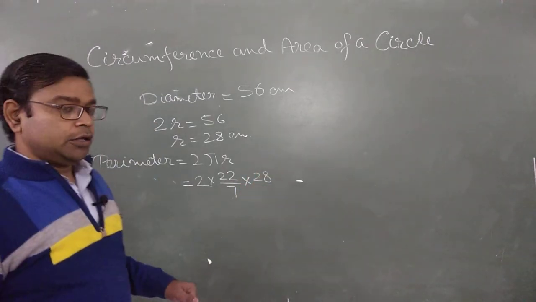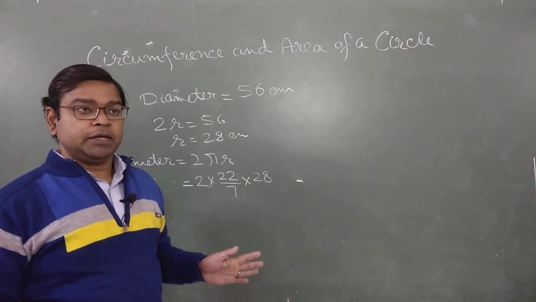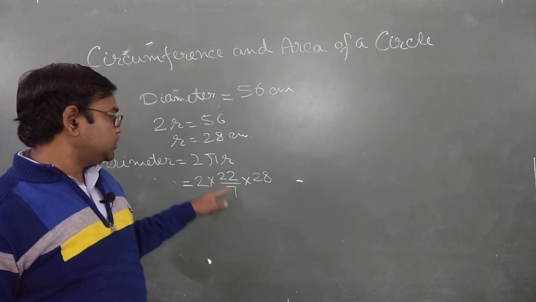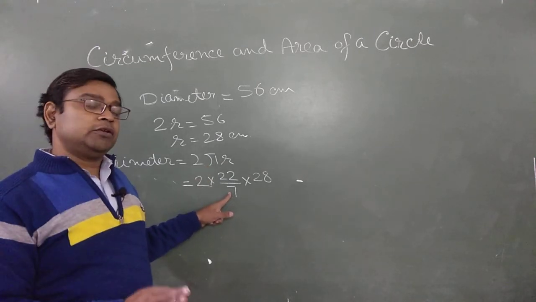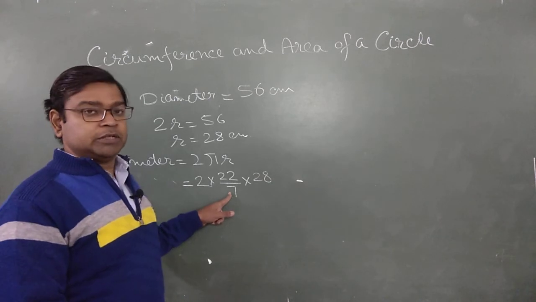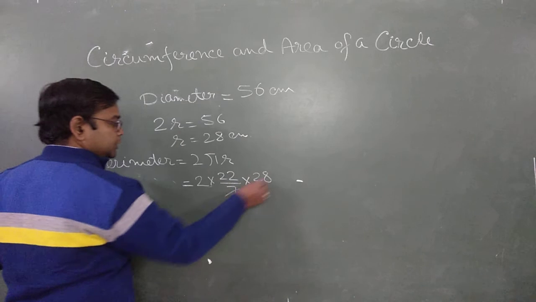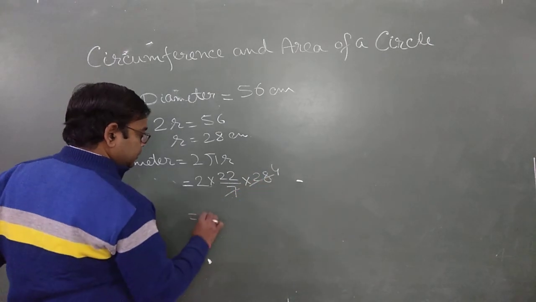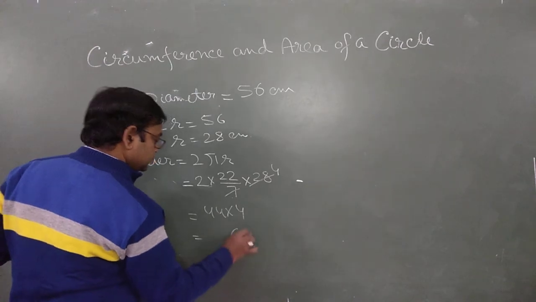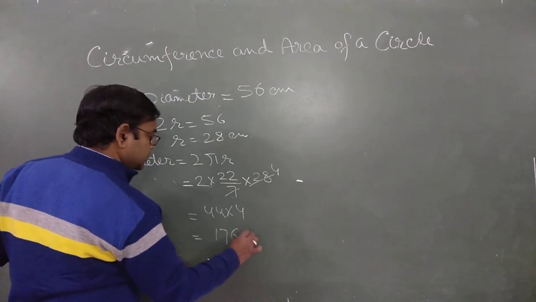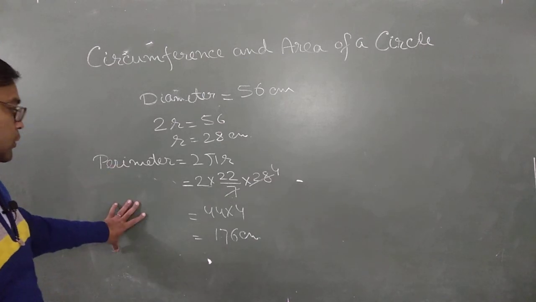Remember one thing, if it is not asked which value to use for pi, you always use this value. If it is strictly mentioned that you have to use a particular value in place of pi, then you have to follow that instruction. 7 4s are 28. So it's 44 into 4, 176 centimeter. This is the perimeter or circumference of the circle.